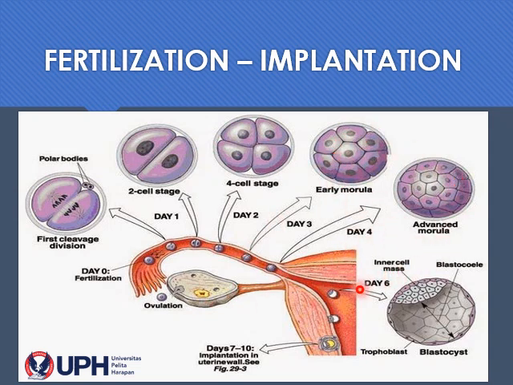And on day 6, this morula will become a blastocyst, and it consists of the blastocoel, the inner cell mass, and then the trophoblast. And it will transfer to the uterus. Then it will also implant in the uterine wall around day 7 to day 10.